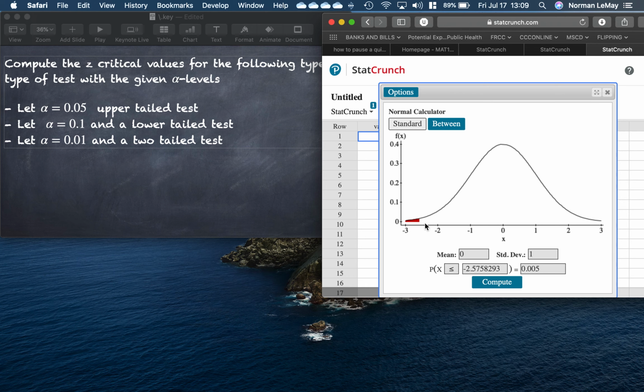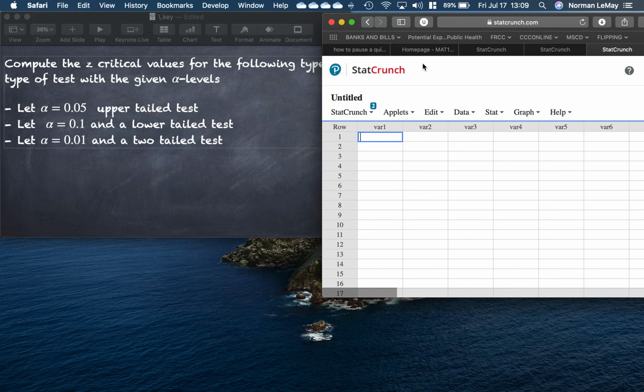So if your test statistic is less than negative 2.58, or if it's greater than 2.58, then you reject the null hypothesis. If your test statistic is somewhere between negative 2.58 and positive 2.58, it falls in this non-rejection region, then you fail to reject the null hypothesis.